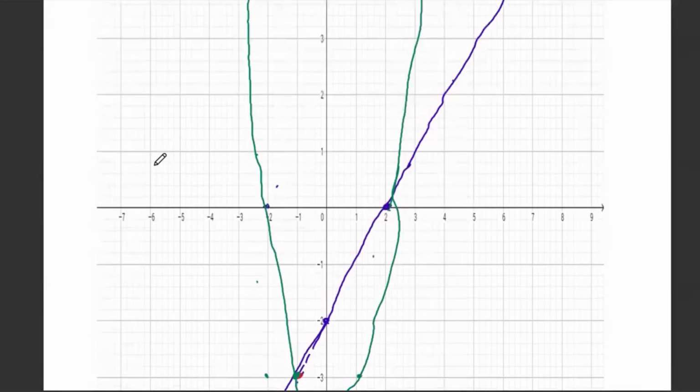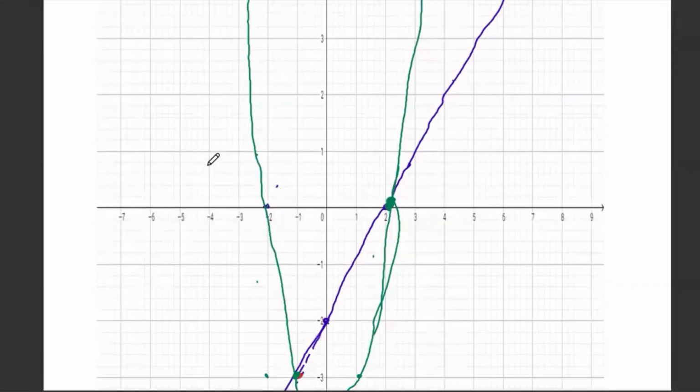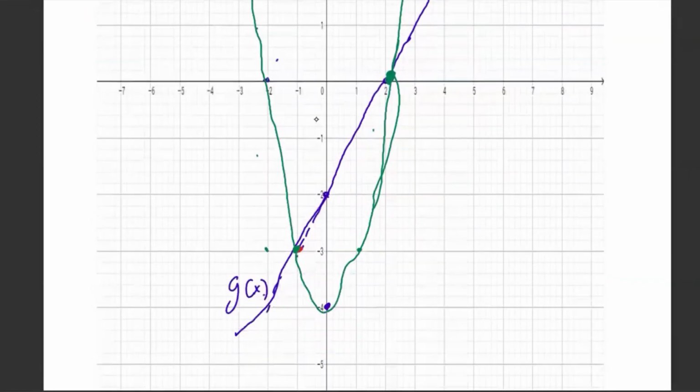When do we find g to be above the parabola? So we can see that from this point 2, remember focus is g, and then this point -2, that's where g is above this area. G is on top, the f is at the bottom.